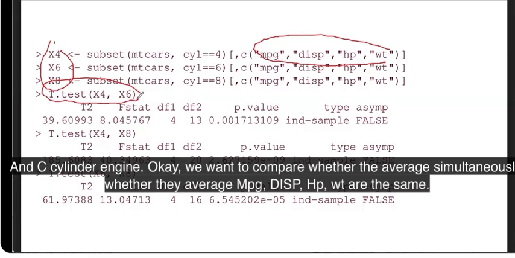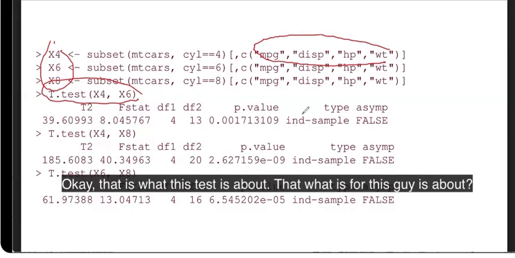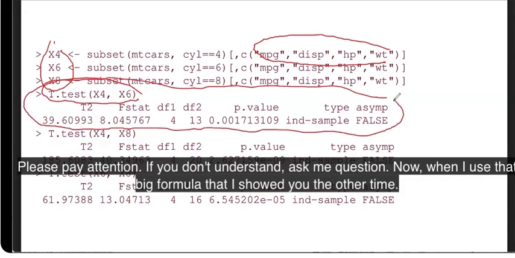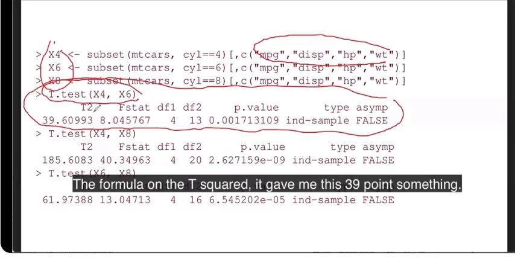We want to compare whether the average MPG, DISP, HP, and WT are simultaneously the same. That is what this test is about. Please pay attention. If you don't understand, ask me a question. Now, when I use that big formula that I showed you the other time, the formula for T-squared, it gave me 39 point something.